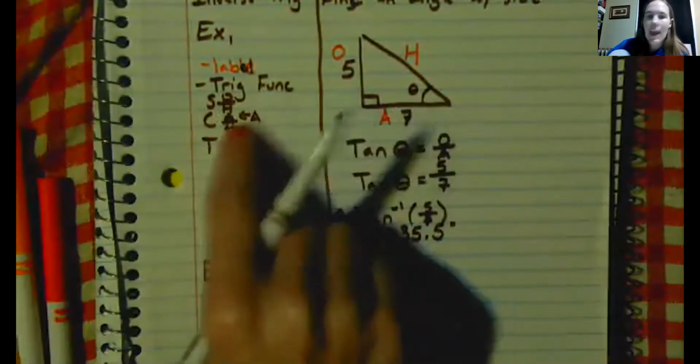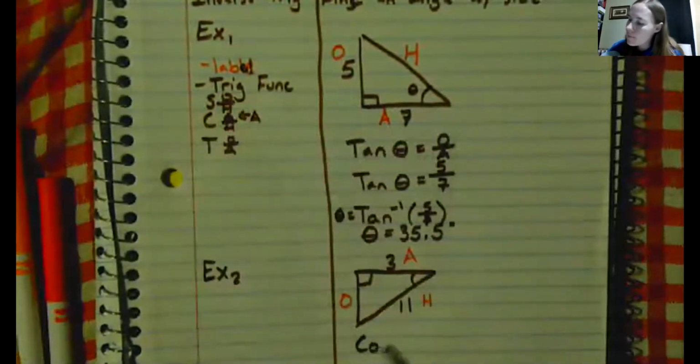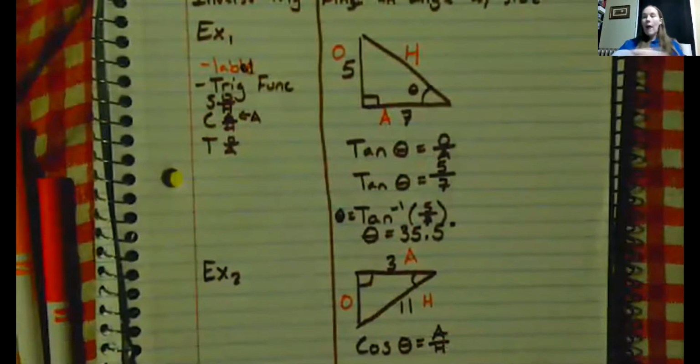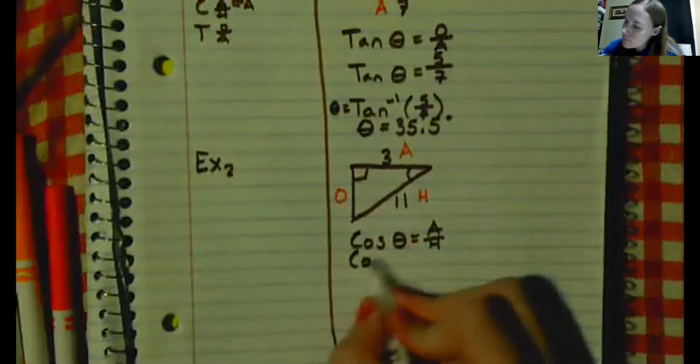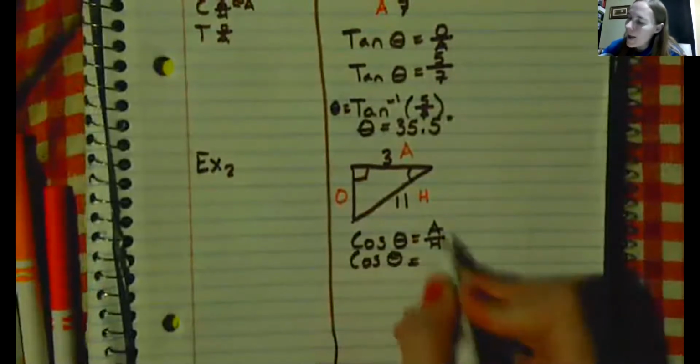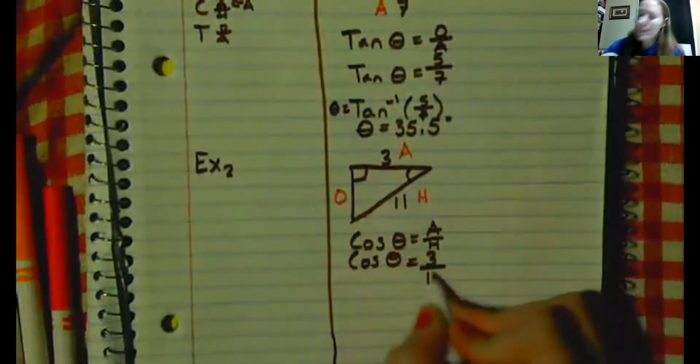The one with the A and the H is our C. So it's cosine of theta equals A over H. Now I'm just going to plug in what I know. My adjacent is 3 and my hypotenuse is 11.